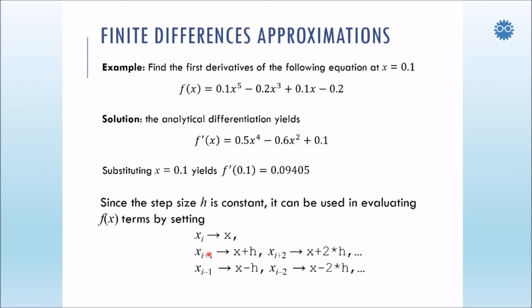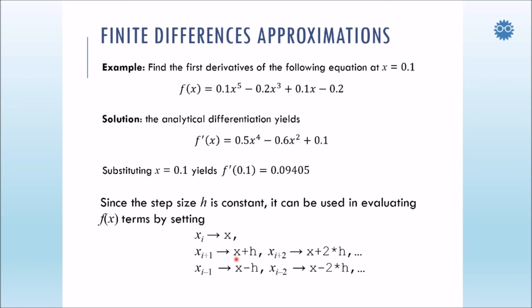We know that the point xi is the current point x. xi plus 1 is one h ahead, so it's x plus h. The point xi plus 2 is the current point x plus 2 h's, or 2 steps ahead. This is the idea. Always look at it in the geometrical form. So x will be computed in terms of h.